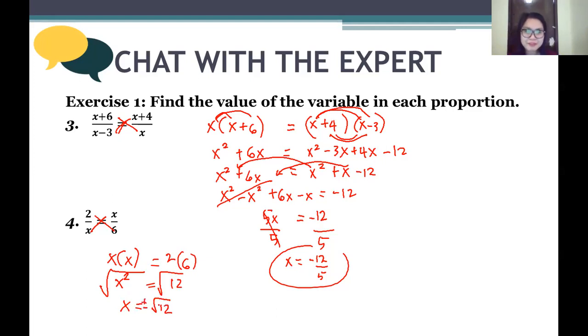How do we simplify square root of 12? Remember, 12 is 4 times 3. So square root of 4 is 2, and we have 2 square root of 3. Do not forget your plus and minus.